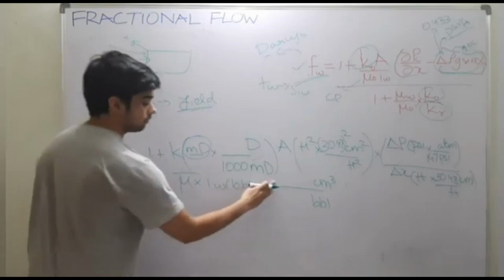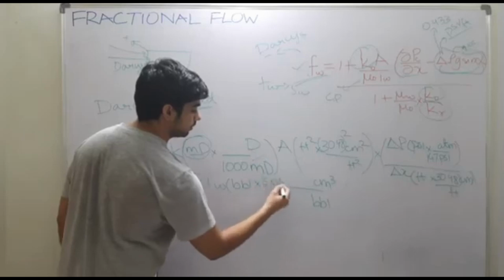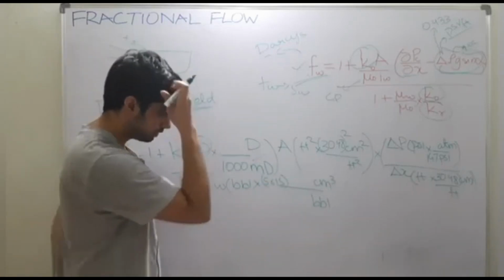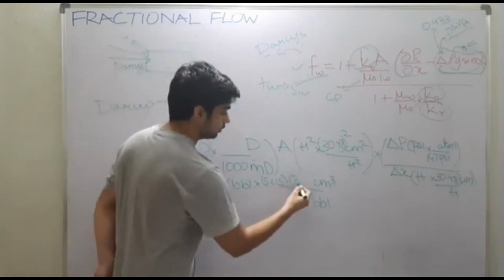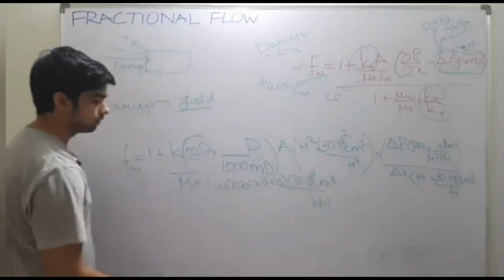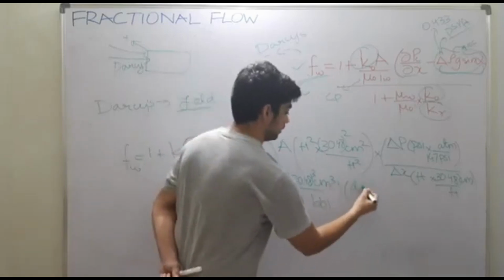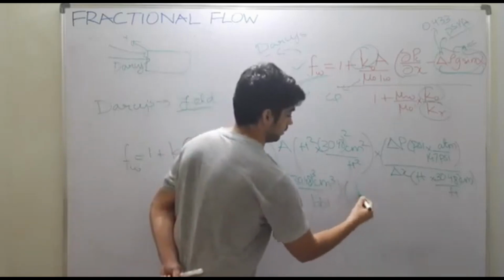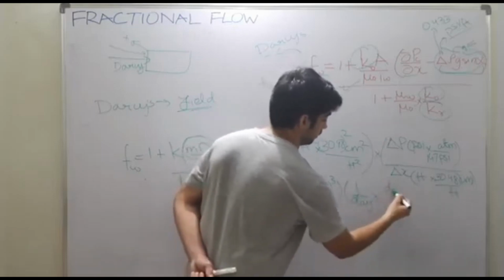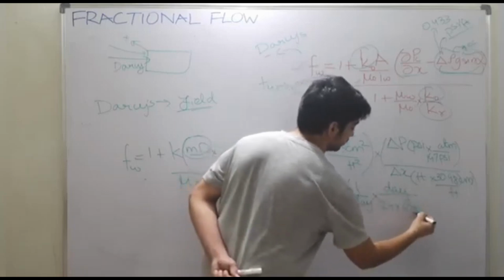Now every BBL has 5.615 feet cube, so one BBL is equal to 5.615 feet cube, and 1 feet cube will be equal to 30.48 cube centimeter cube. And if we talk about the day, one day will have 24 into 60 into 60 seconds.